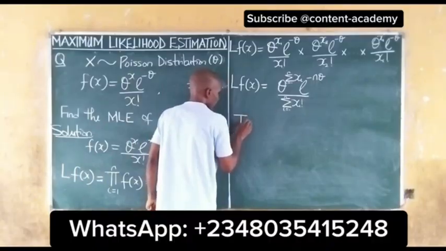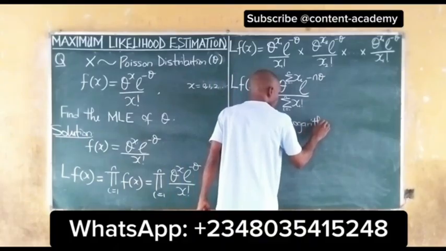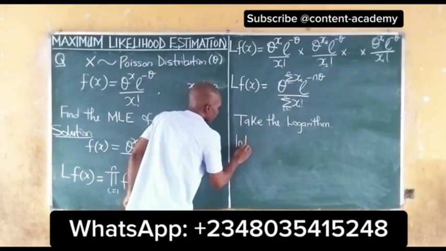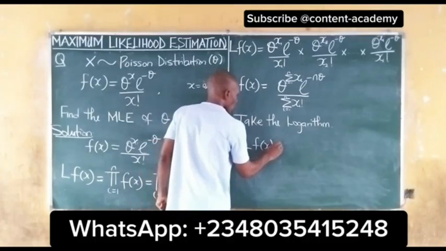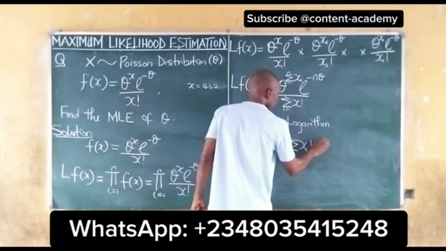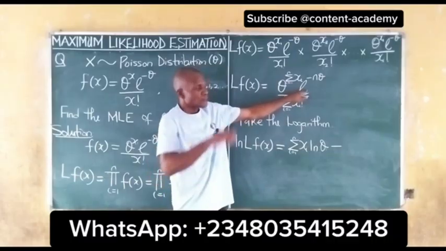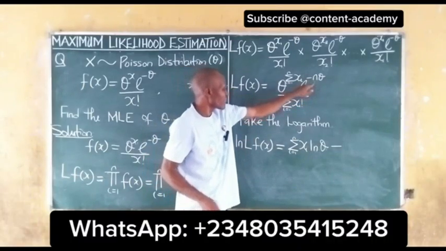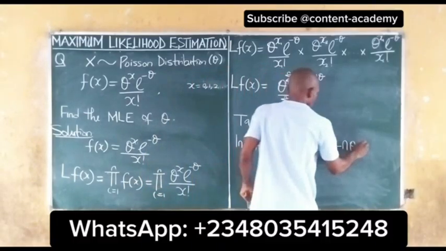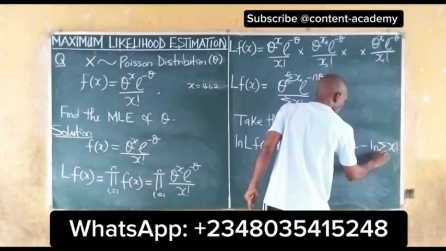So taking the log, we can write our log likelihood function to be equal to summation of xi times log theta, i from 1 to n, minus, if we take the log of an exponent, the exponent will come off, so we write n theta, minus the summation of log of xi factorial, i from 1 to n.